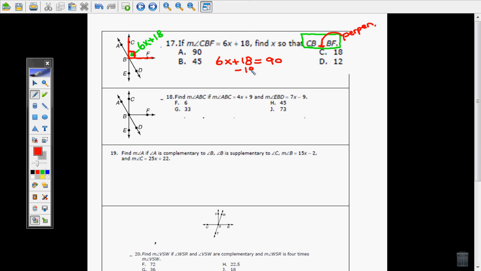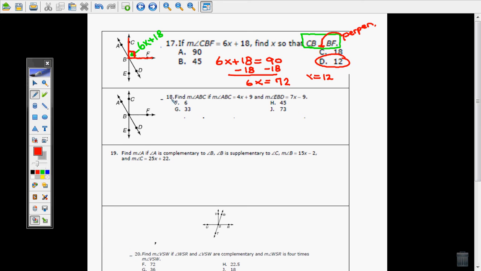Solve that equation using my inverse operations. When I divide 72 by 6, I find that x has a value of 12. So here's my right answer choice, which is D.